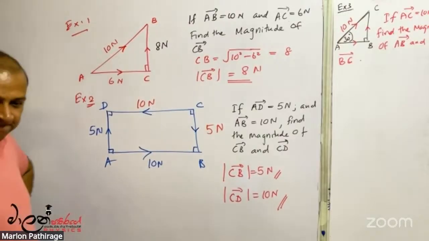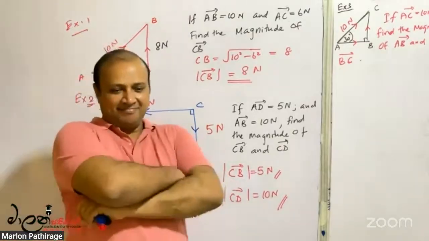Now we have studied the negative vector also. Equal and parallel vectors in the opposite direction mean negative vectors.